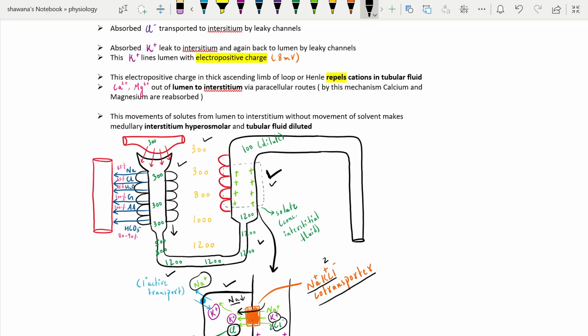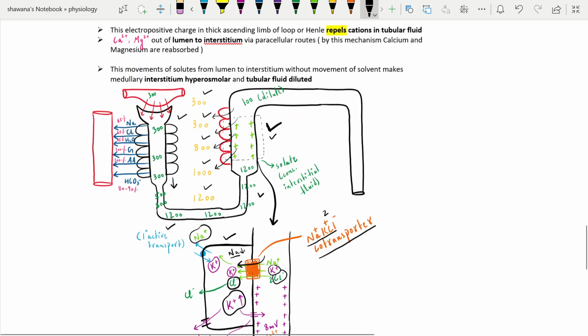It is because these pumps present on both sides of the tubule are functioning in transport of solutes from the lumen through the transcellular route into the interstitium. They are constantly throwing the solutes into the interstitium, making the medullary interstitium hyperosmotic, and that's the reason why osmolarity increases from cortex to medulla. And now you know the reason as well.